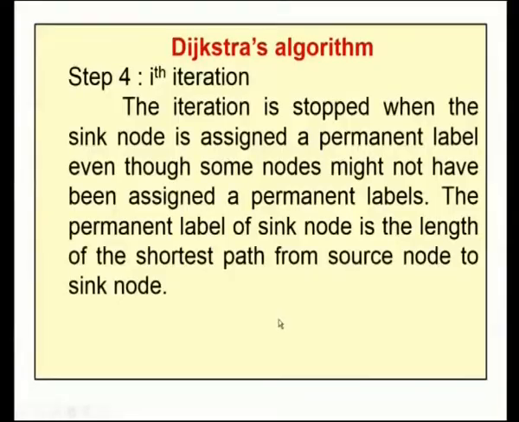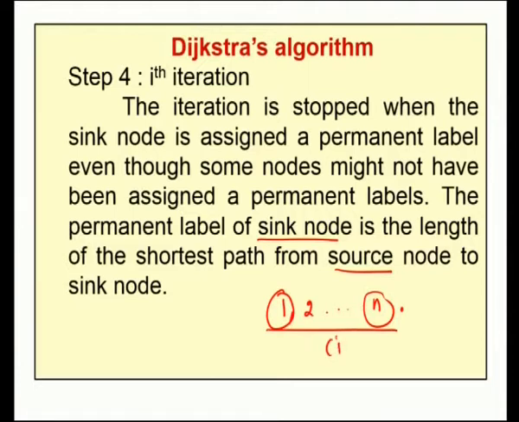To sum up, the Dijkstra algorithm works on a given set of n nodes. We name those nodes 1, 2, and so on up to n, where 1 is called the sink node and n is called the source node. Corresponding to each arc ij, there is a distance dij, the distance from node i to node j, in terms of distance or transition time.